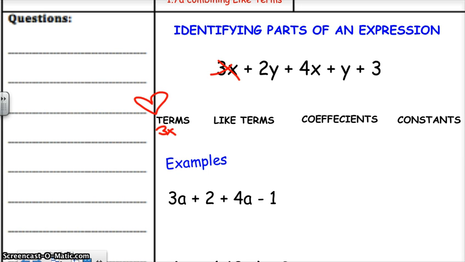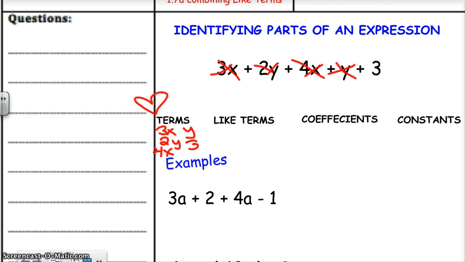Yes, that's a term. What's another term, class? 2y. You can just say it aloud, guys. 2y. A term makes up the expression. It's the different parts of it. What's another term? 4x. Making it up. What's another term? y. And what's the last term? 3. And that's a constant. It doesn't have a variable.